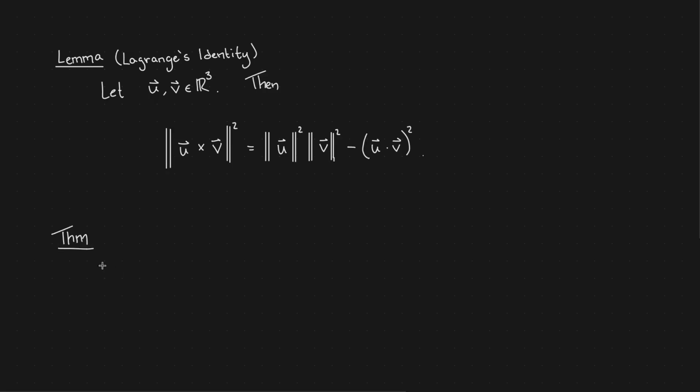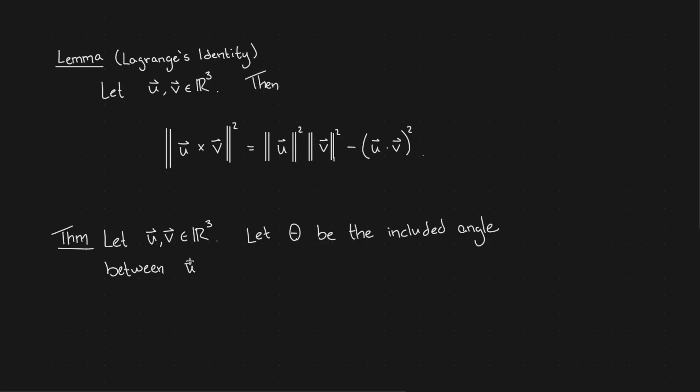Okay, so here's our main result. Let u and v be vectors in R3. Let theta be the included angle between u and v. Which means, by the way, that the angle would have to be between 0 and 180 degrees, right?